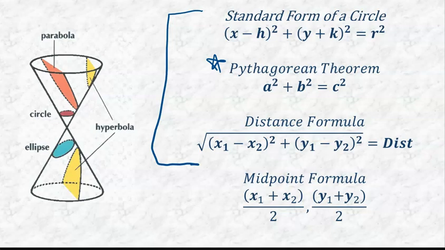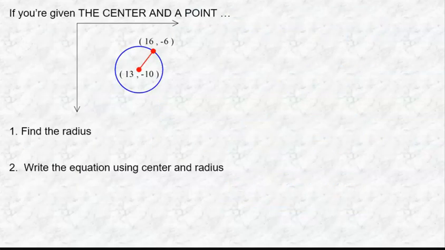The distance formula and the standard form of a circle are just the Pythagorean Theorem rearranged in some way. Then we have the midpoint formula, which in my honest opinion makes things way harder than it needs to be. So let's take a look at our first example.